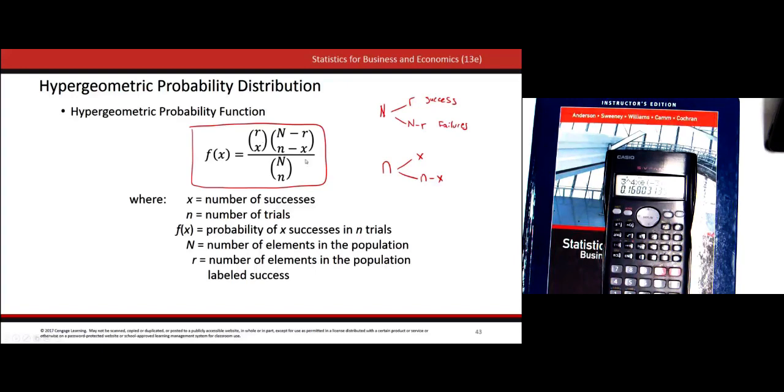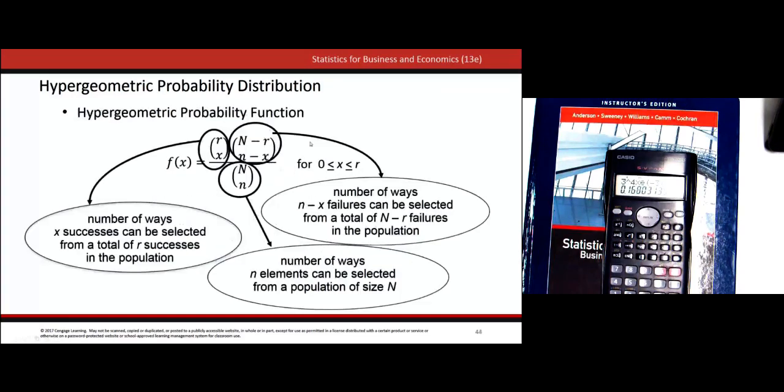Then you have n minus x failures left out of N minus r failures. So you select n minus x failures out of N minus r failures. So this is the number of ways x successes can be selected from a total of r successes in the population.